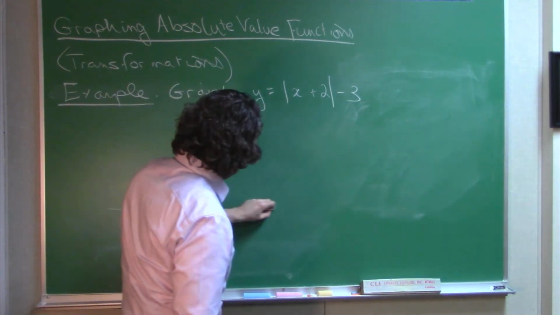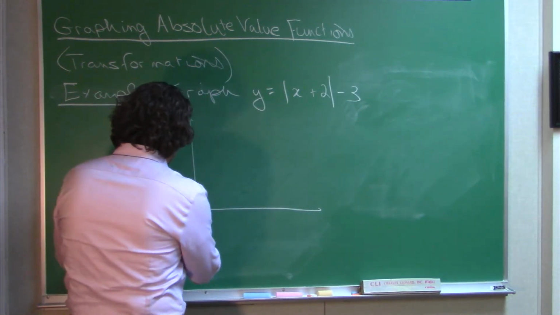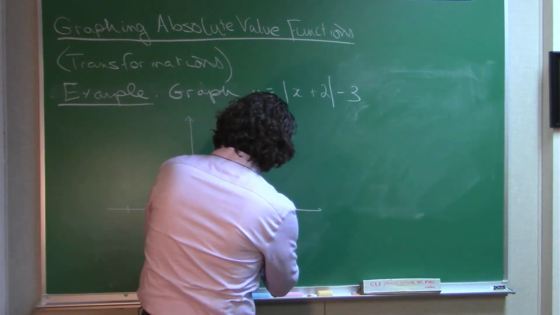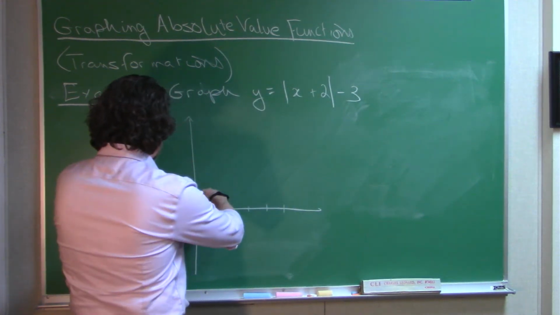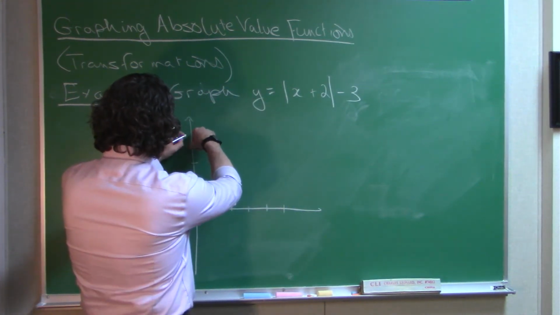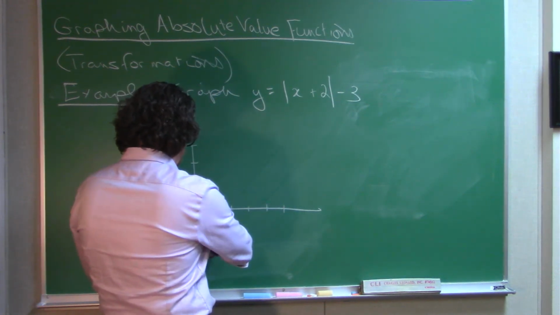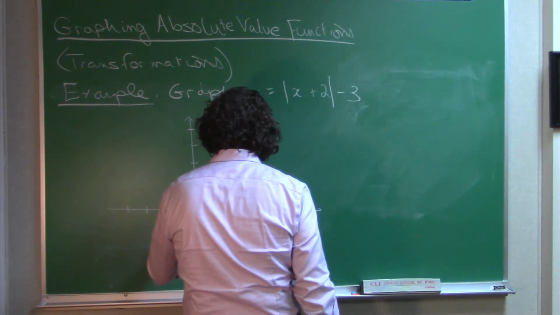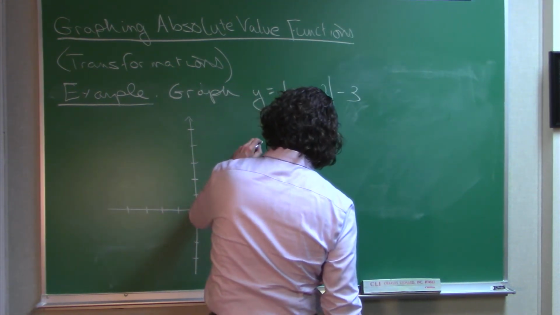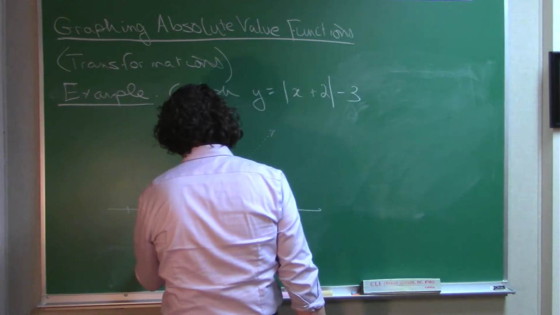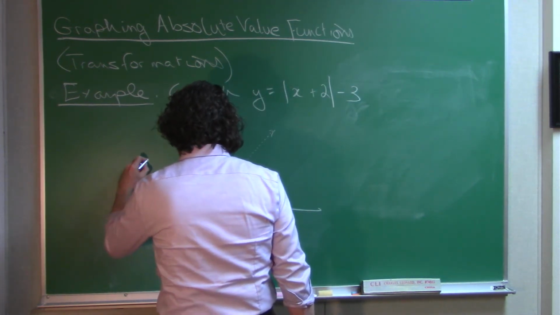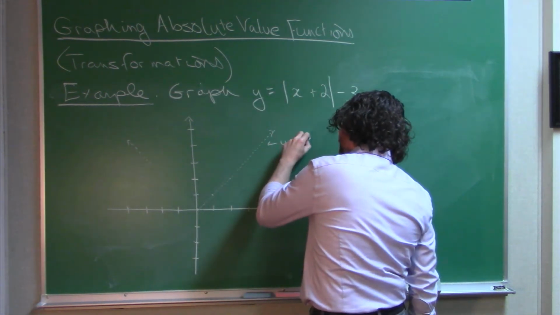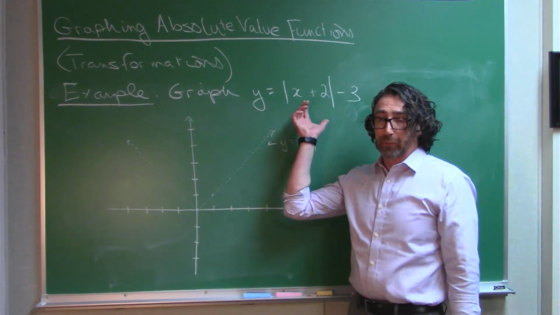So as we're doing this, we have to be picturing the way our basic graph looks, y equals absolute value of x. So we should always have that picture in our head when we're dealing with these absolute value functions. In fact, I'm going to put that picture here, with some little dotted lines, just so we can visualize it. So that's y equals absolute value of x. Now, how's this graph going to look?